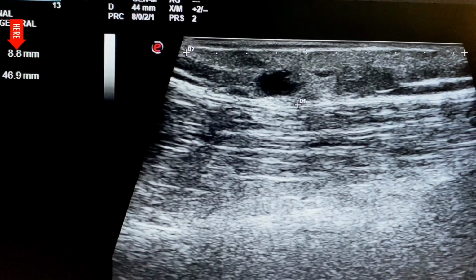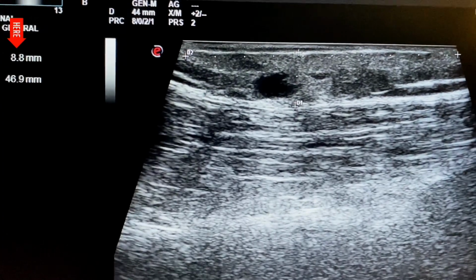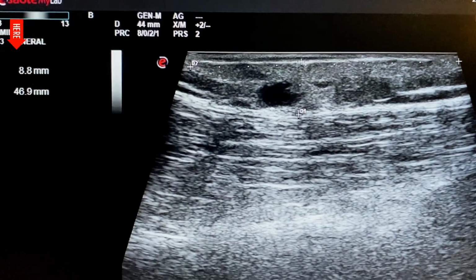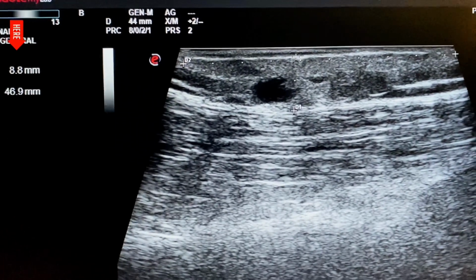Approximately 8.8 into 46.9 millimeter of subcutaneous tissue is affected or hypertrophied.